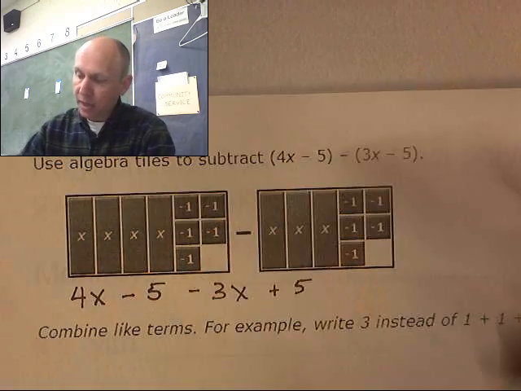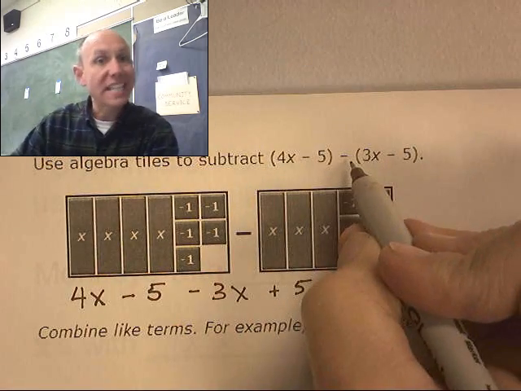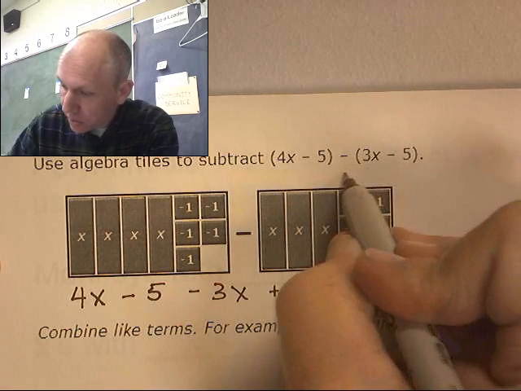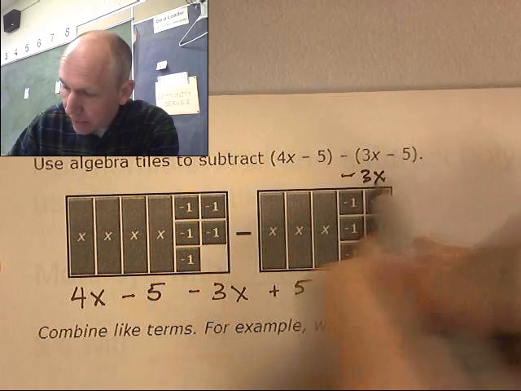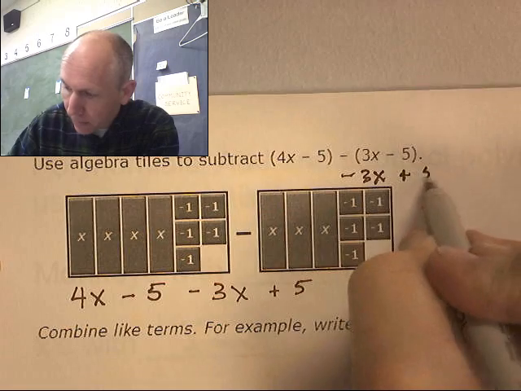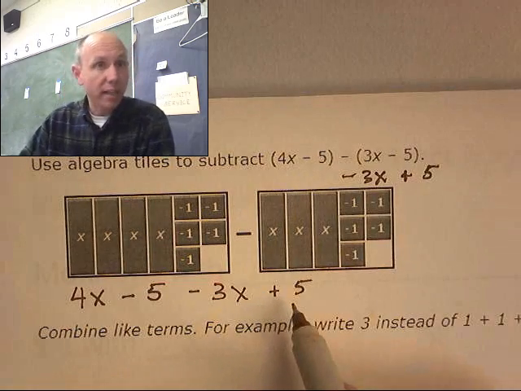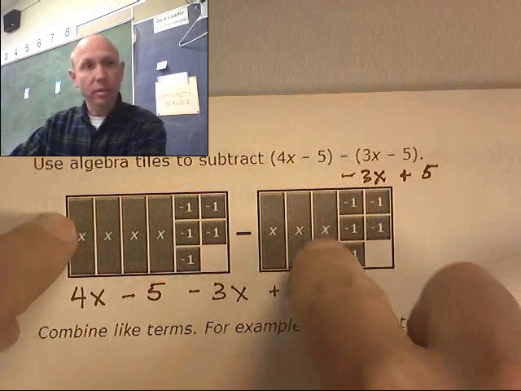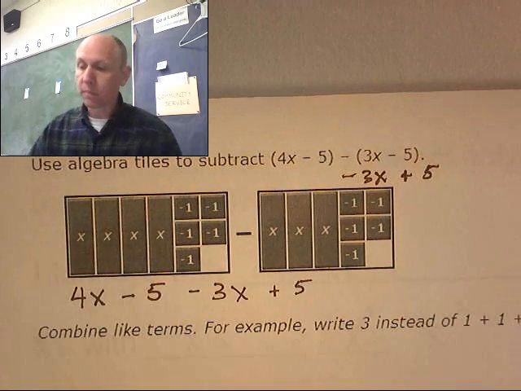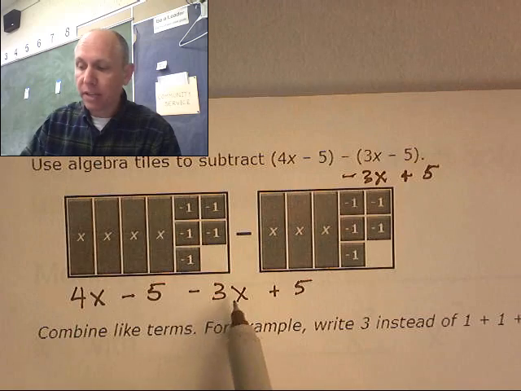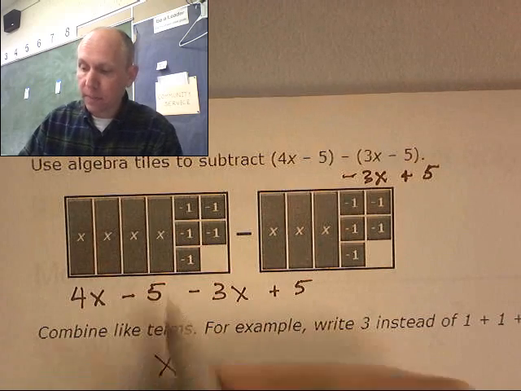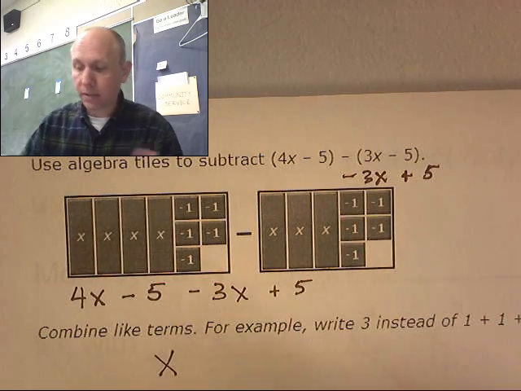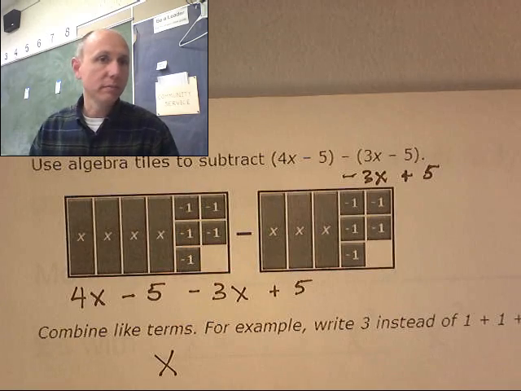And isn't that what I have here? The other thing is, you see this negative? I can distribute it across. It runs through. This is negative 3x plus 5. And that's what I was modeling. So this expression up here is modeled right here. So I have 4x's minus 3x's, that's x, and I have negative 5 plus 5, that's just 0. Done, it's just x.